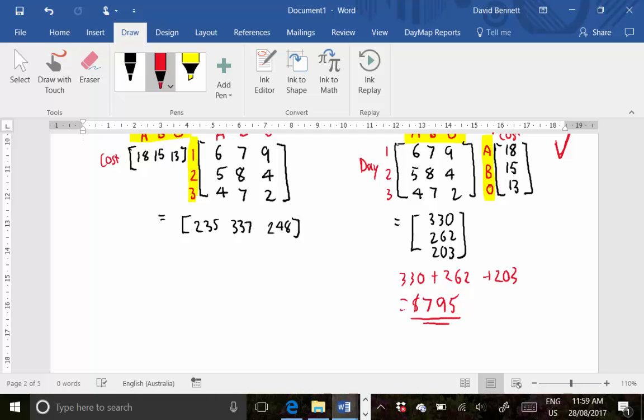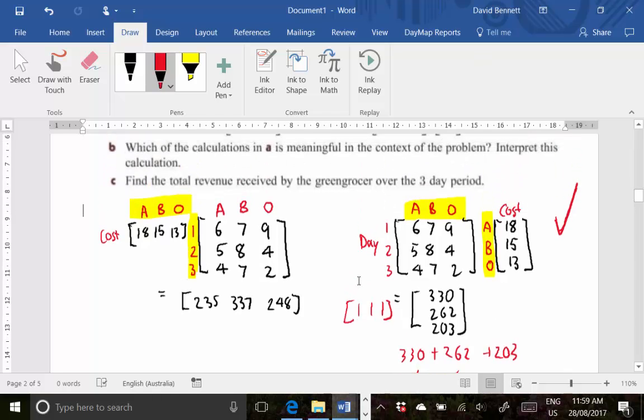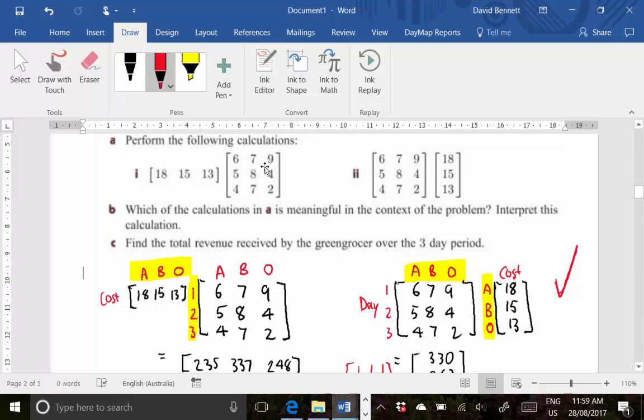The other thing I could do is multiply this matrix by a 1 by 3 matrix of ones, and that will work it out for me. So question 3 is really getting you to think about how we organise our matrices. It's really important.